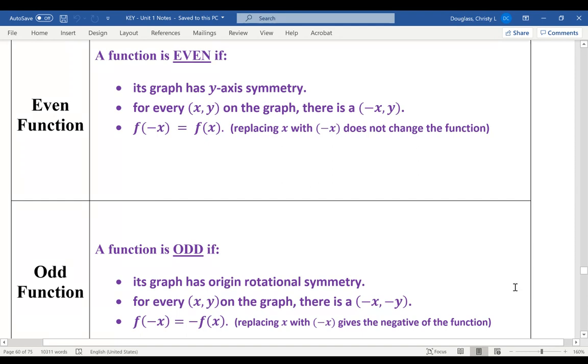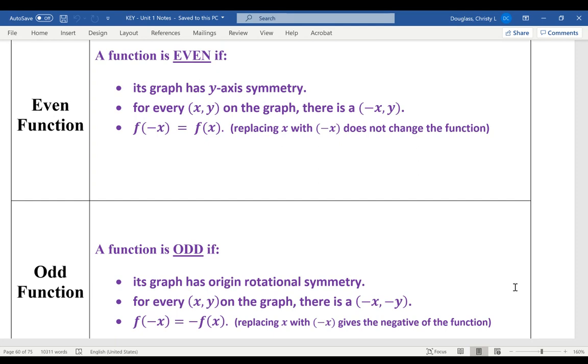A function is odd if its graph has origin rotational symmetry, as we saw in some of the examples earlier. And in that instance, for every point x comma y on the graph, there's a negative x comma negative y. If you were to replace x with negative x in the function, it wouldn't give you the same function.